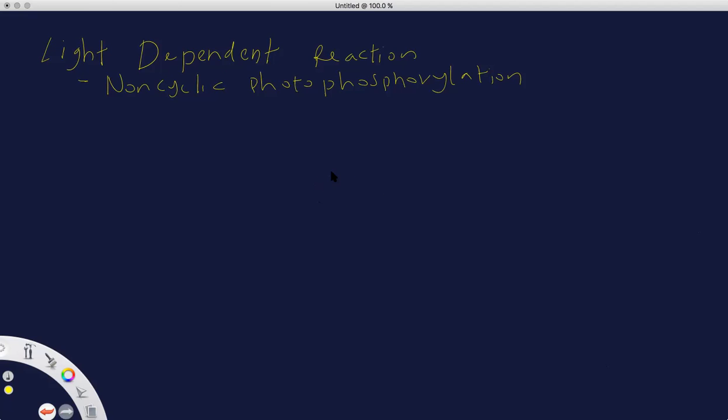Right, first we try to understand what is the meaning of this light dependent reaction, and what is the meaning of non-cyclic photophosphorylation.